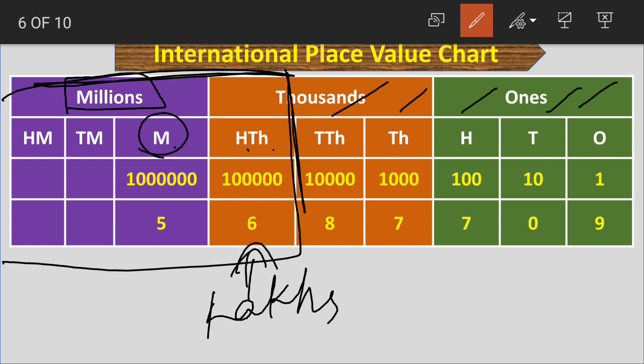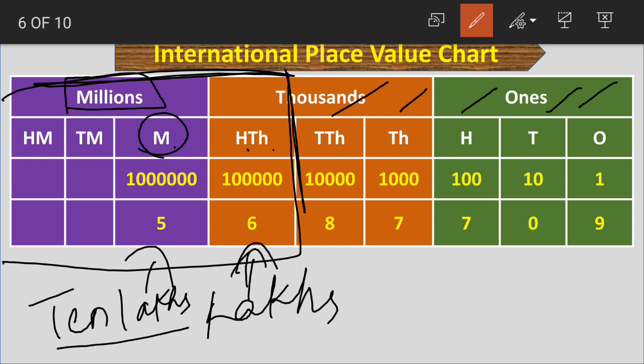We had lakhs for 100,000, and after lakhs we had 10 lakhs. Yes or no children? We had 10 lakhs. But in this international chart they are having million. You simply remember that just like 1,000, 10,000 and 100,000, they have millions, 10 millions and 100 millions.